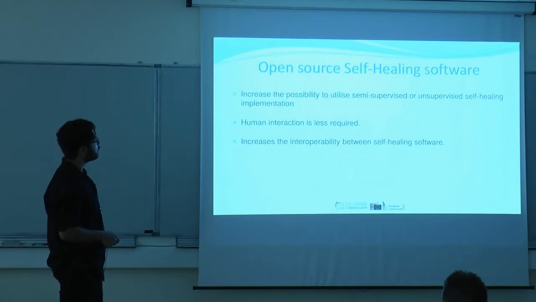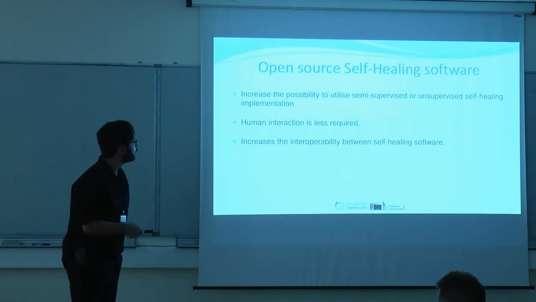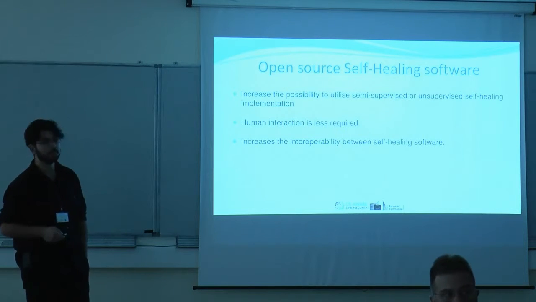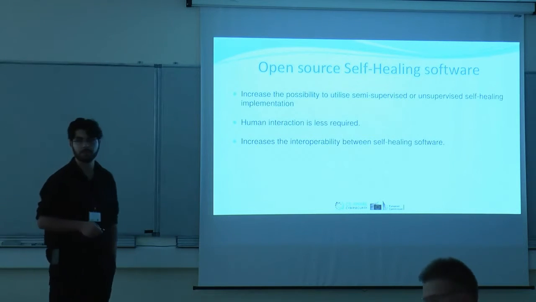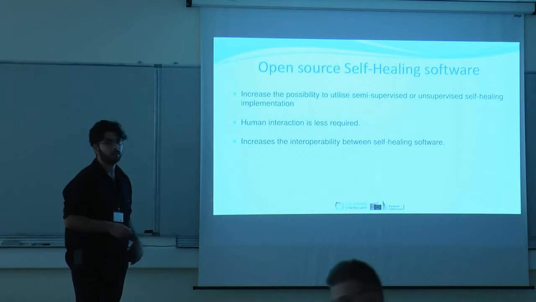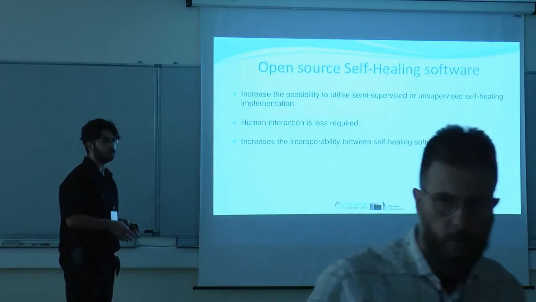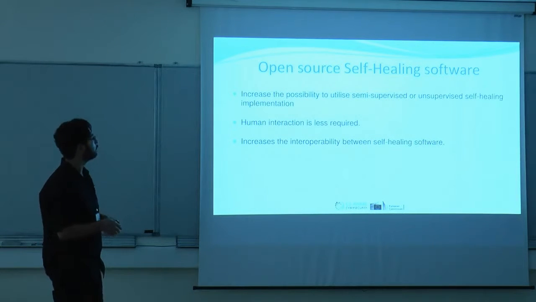And open source self-healing software increases the possibility to utilize semi-supervised or unsupervised self-healing implementation, which means that only partial interaction of human administration is needed, or not at all.